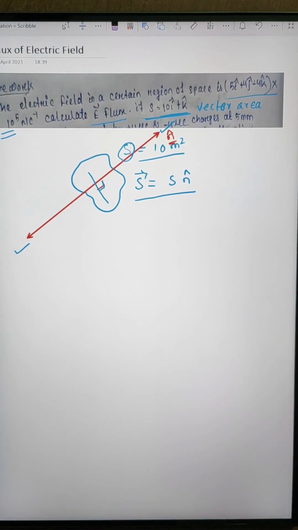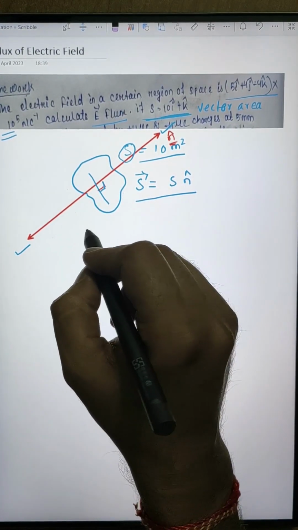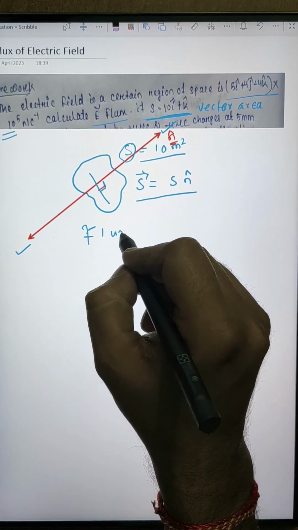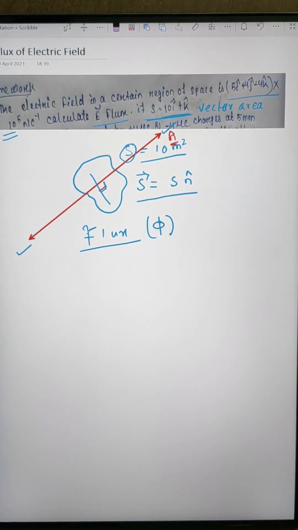So how do you find the flux? The definition of flux: the area could be a variable, the electric field could be a variable.